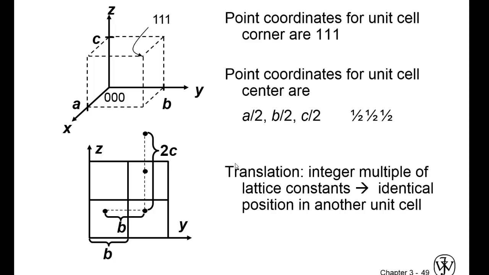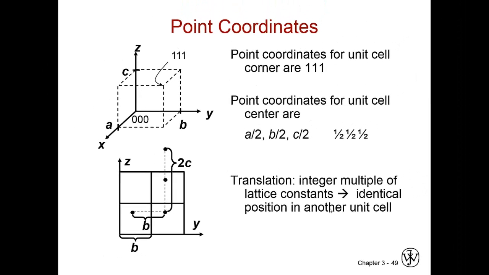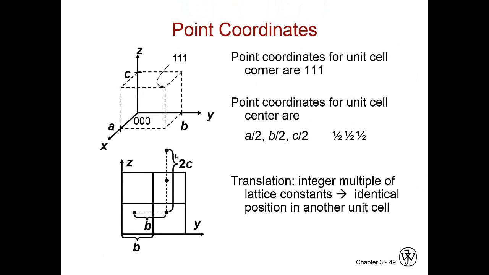So when you want to go an integer multiple of lattice constants, if you go 2A, then you've gone 2 boxes over, or 2B is 2 boxes over, or we can even go in the negative direction along the y, z, or x-axes. When you get to those integer positions, that will be an identical position in the next unit cell.